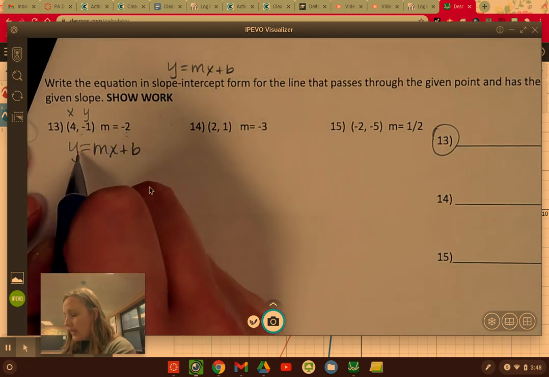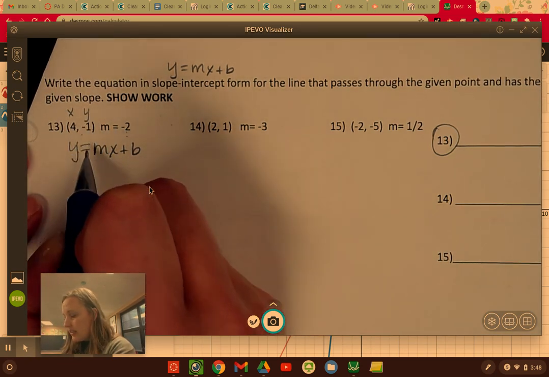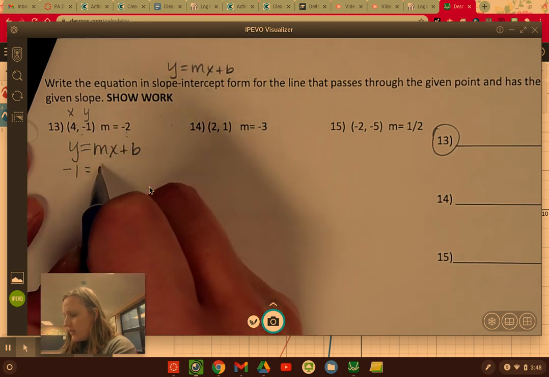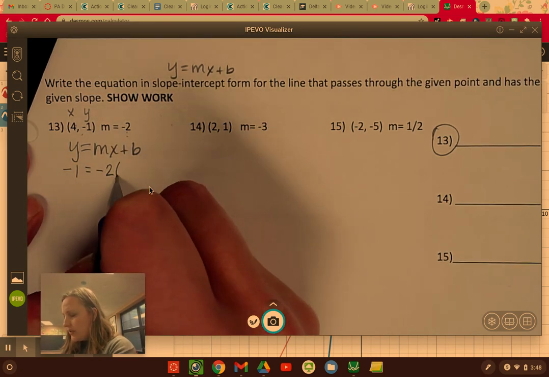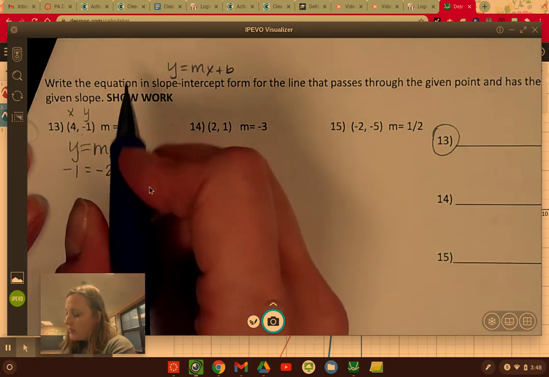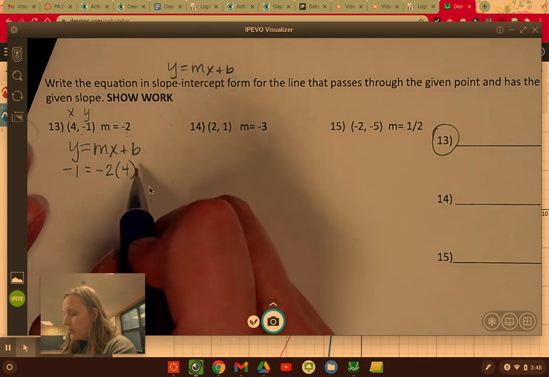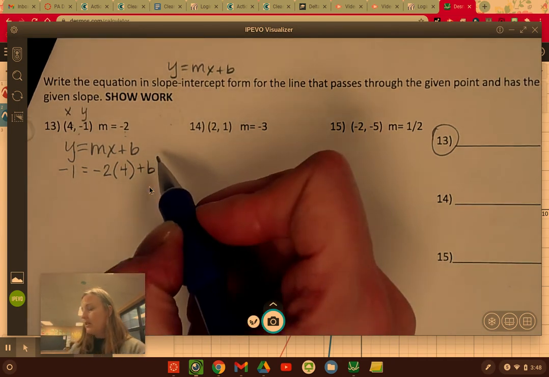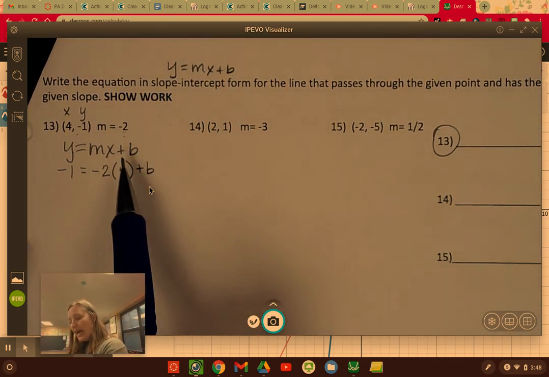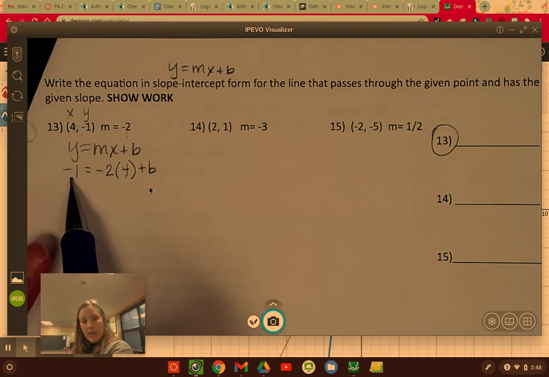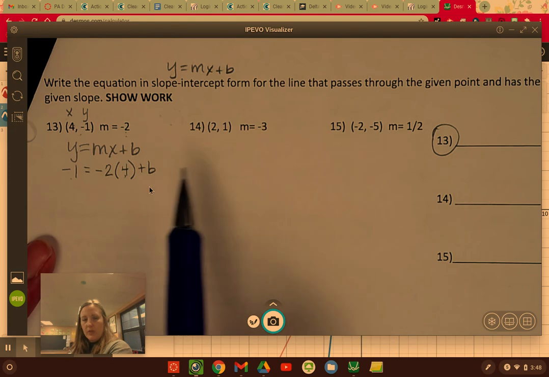What it's actually saying is -1 is equal to -2 times 4, that's my x value, plus b. So what it's saying is when x equals 4, y equals -1, when I do this stuff to it.